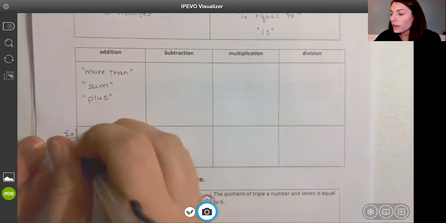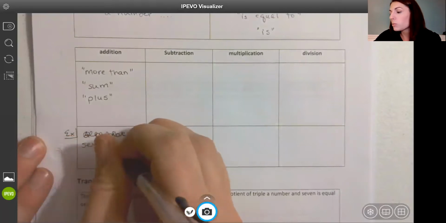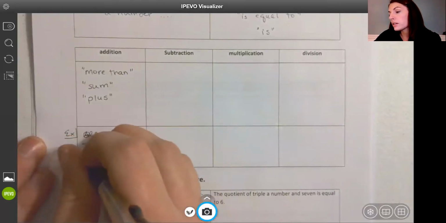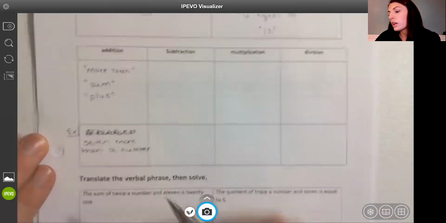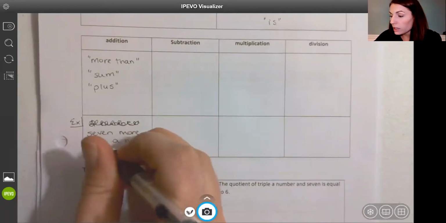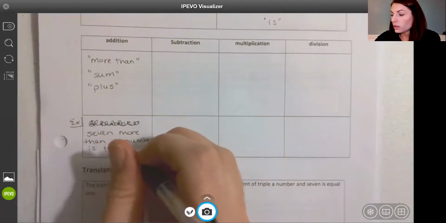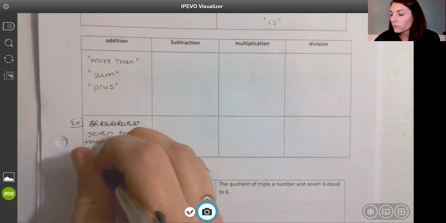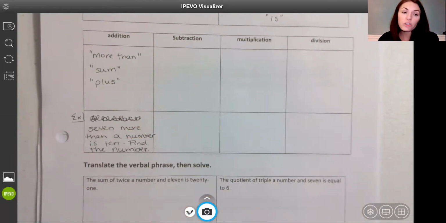Let's say 7 more than a number is 10. Find the number. Okay, so there's an example of an application problem. So 7 more than a number is 10. Find the number.